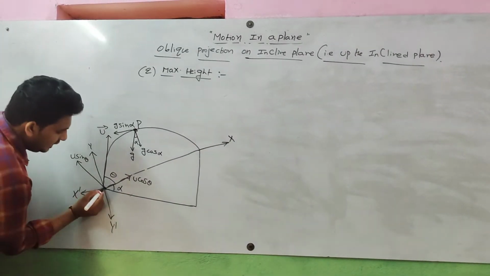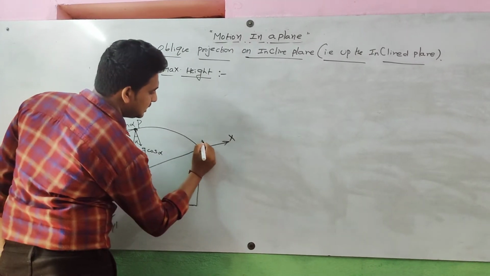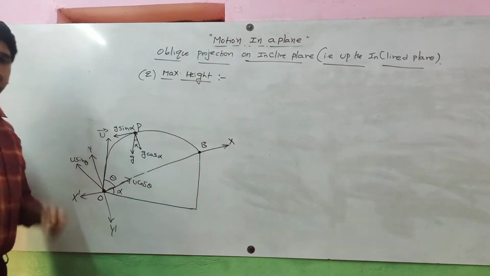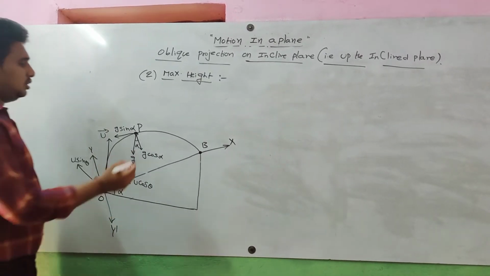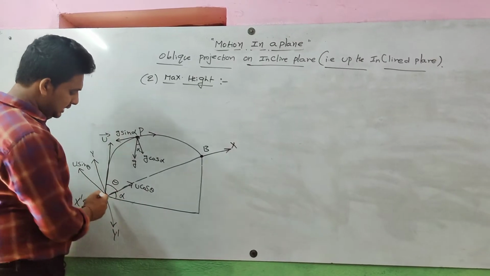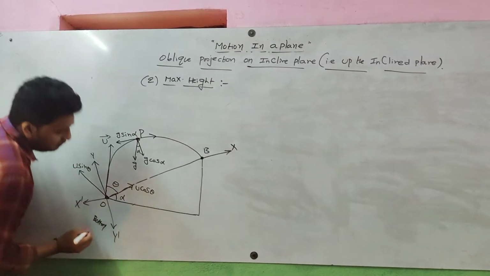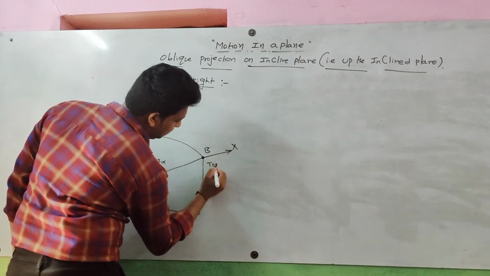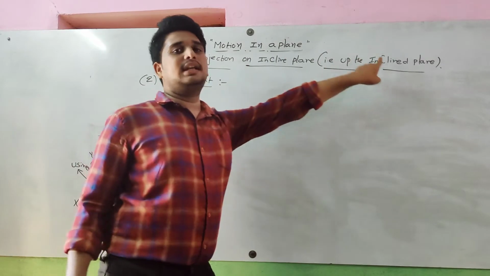Here this point we consider as O, this is point P, and this I consider as point B. This is oblique projection on an inclined plane, that too up the inclined plane. The body moves from the bottom of the inclined plane to the top, so bottom to top we projected. That's why this is up the inclined plane.